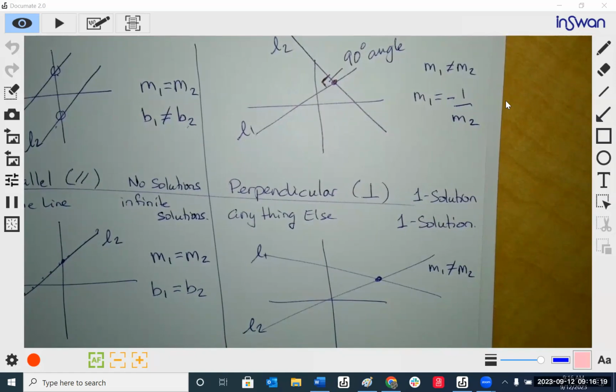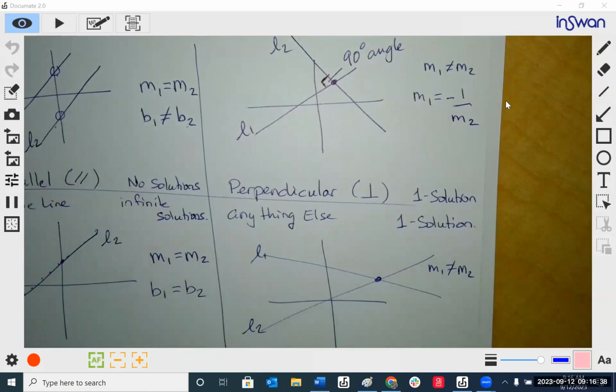In other words, if the slope of line 1 was 2, the slope of the perpendicular line would be negative 1 over 2. You flip it and change the sign. And anything else is going to have one solution, and there are going to be any other lines.